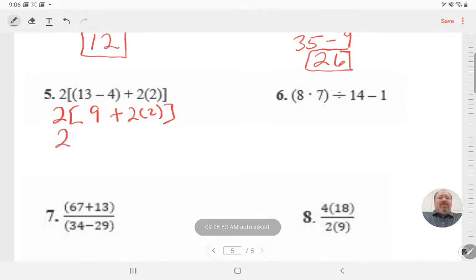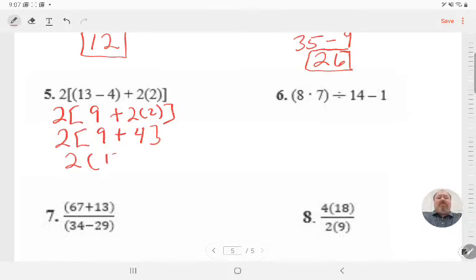Then we can continue in the brackets and go 9 plus 2 times 2 is multiplication, 4, and then we can go 2 times what's in the bracket, 9 plus 4, which is 13. 2 times 13 would be 26. Good job if you got 26. If you didn't, take a look at what you did wrong.